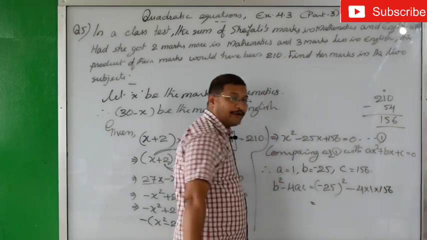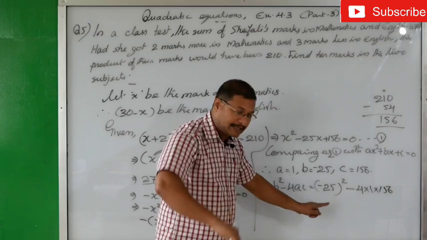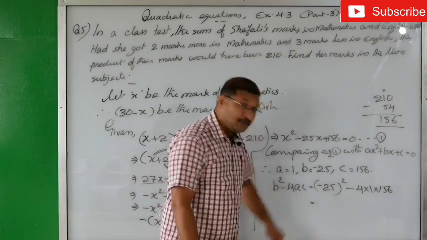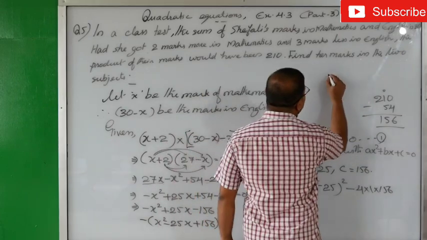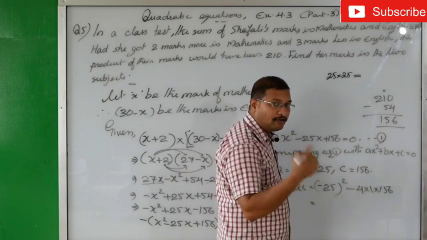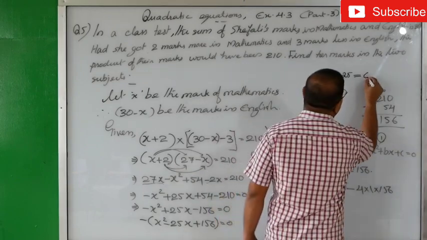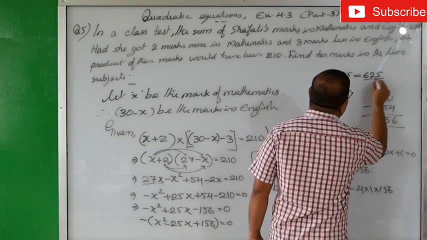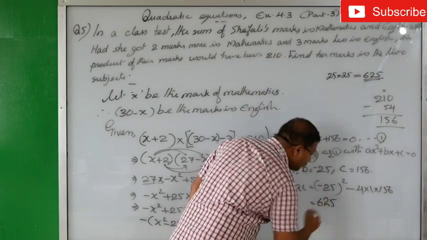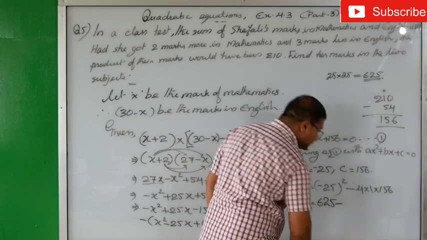Now, the square of 25: minus into minus is plus. 25 into 25, you have to multiply and write, it will be 625. So please multiply and check it.